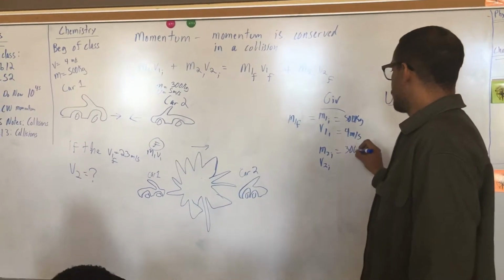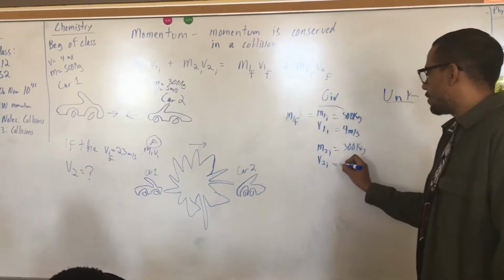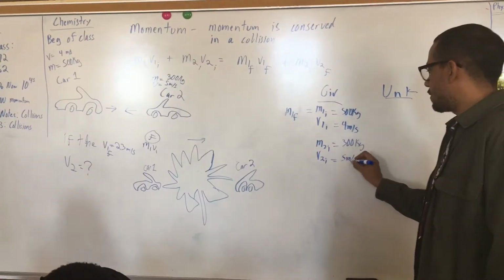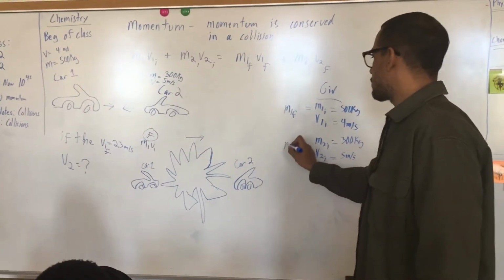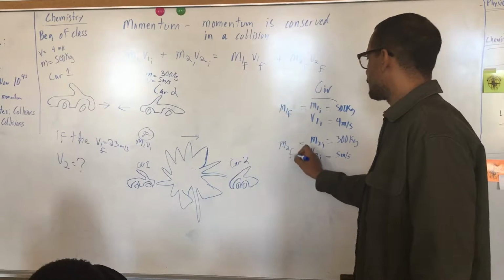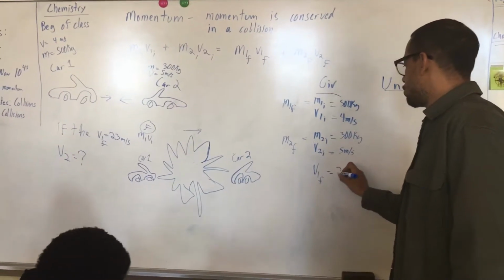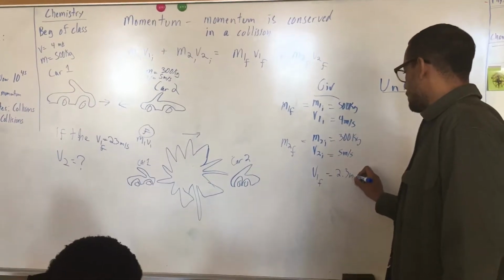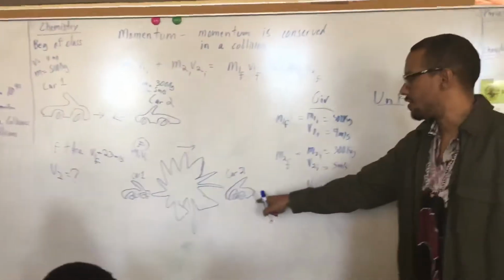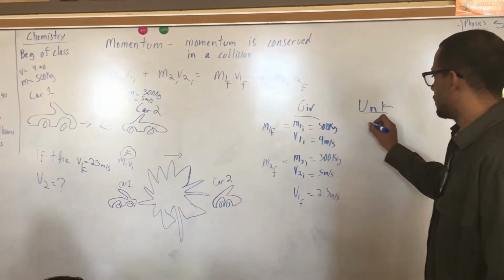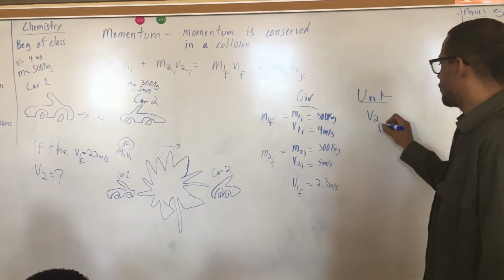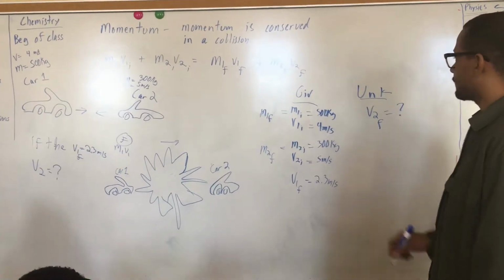This is 300, and this is 5 meters per second. I know the M2 final is also going to be the same. Then I know that V1 final is 2.3 meters per second. And then they're asking me to find the velocity of this car after the collision. So they want V2 final after the collision.